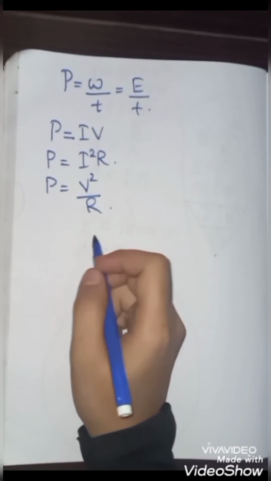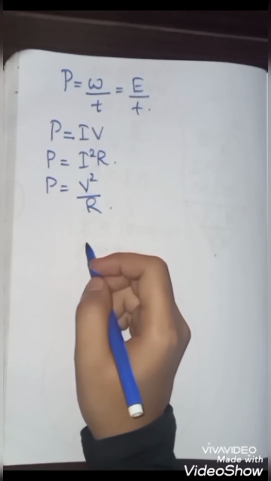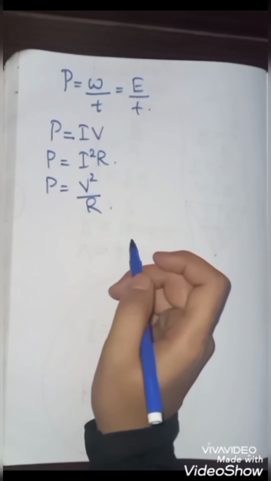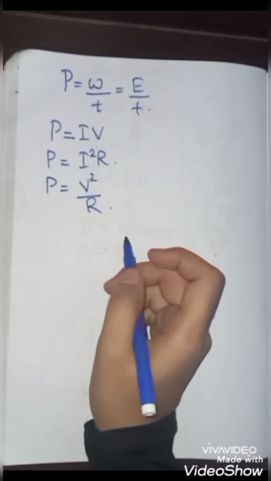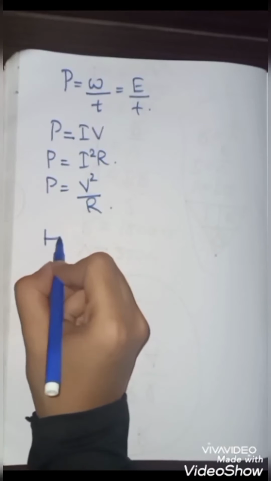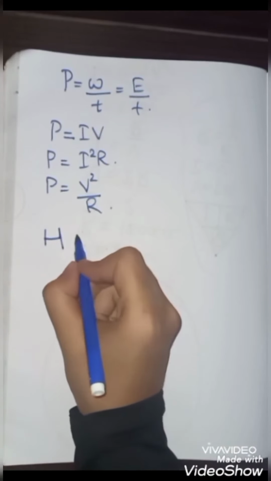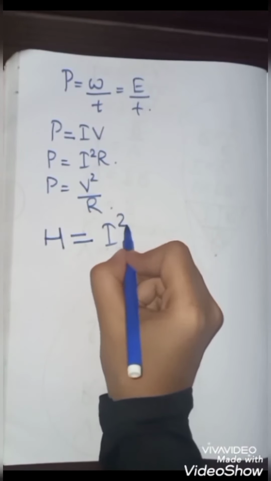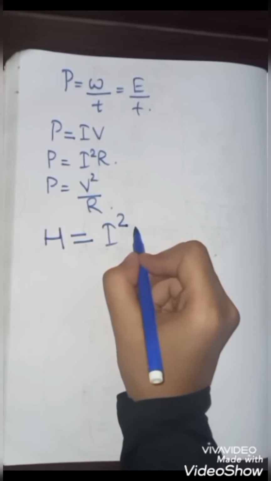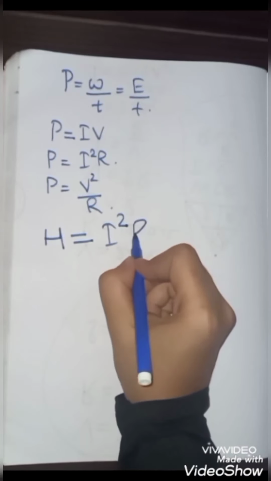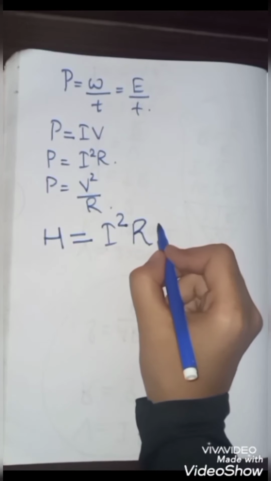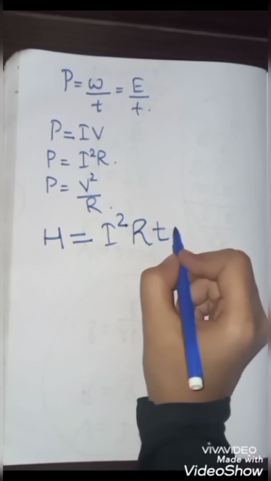Then we studied Joule's law of heating. What is Joule's law of heating? According to Joule's law of heating, the heat produced in a resistor is directly proportional to the square of the current, directly proportional to the resistance, and directly proportional to the time for which the current flows through the resistor.